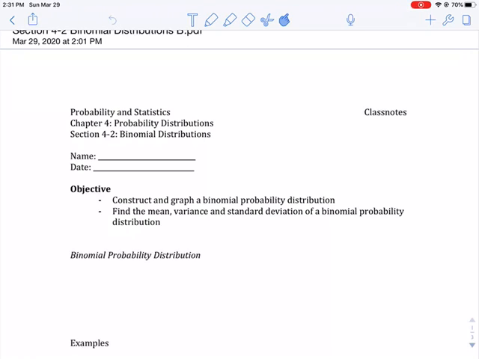All right, so a probability distribution for a binomial is just like it was before. It is using x and p of x to create a distribution.